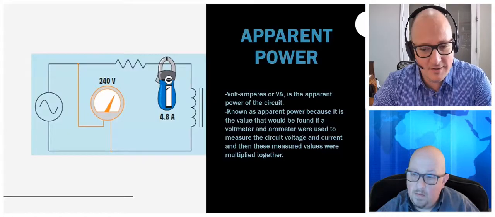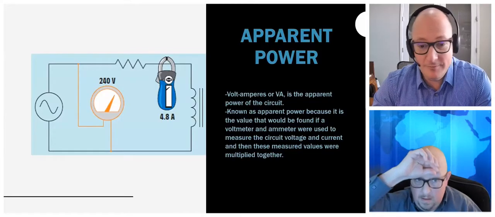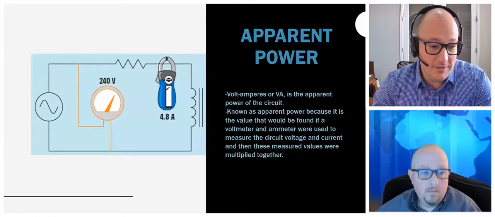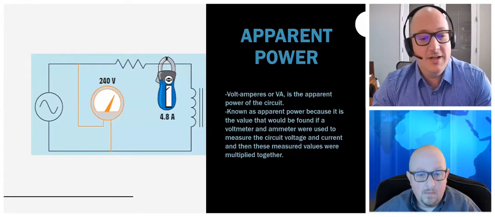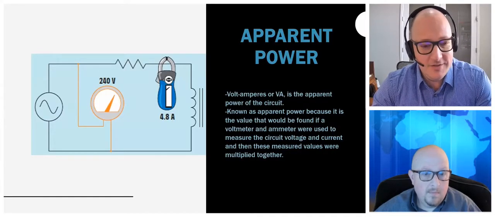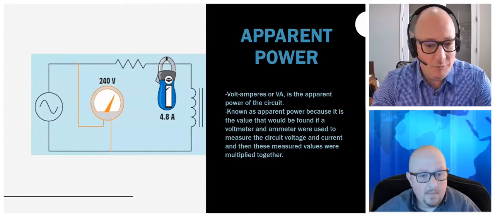Was it the next slide? Yep, there it is. So apparent power, like the slide says, is basically I get my voltmeter and I know that my source or applied voltage is 240 volts. And I see that I've got a resistive load and an inductive load in series. And when I look at my line current, it's 4.8 amps. So that's the apparent power.